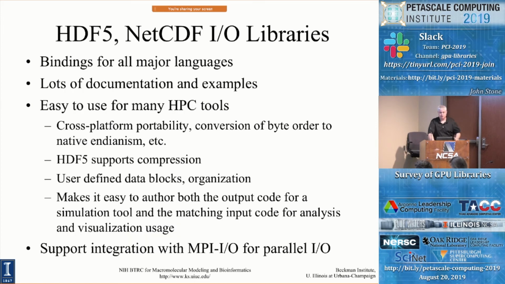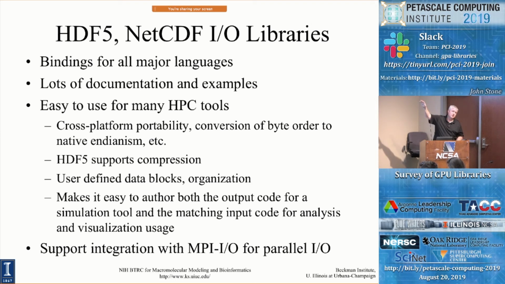And what they really do, they have bindings for every language you'd ever care to use. They have great documentation, and they are well suited for HPC codes. Basically, they're ideal for things like storing time series data, binary blobs of large scalar fields, vector fields, everything you'd ever want. They have compression.